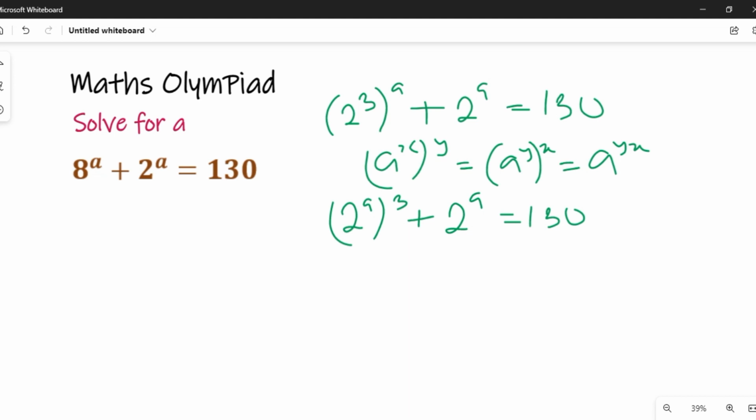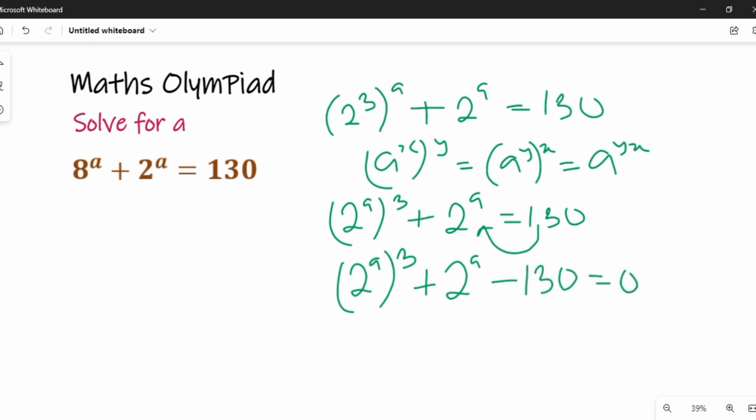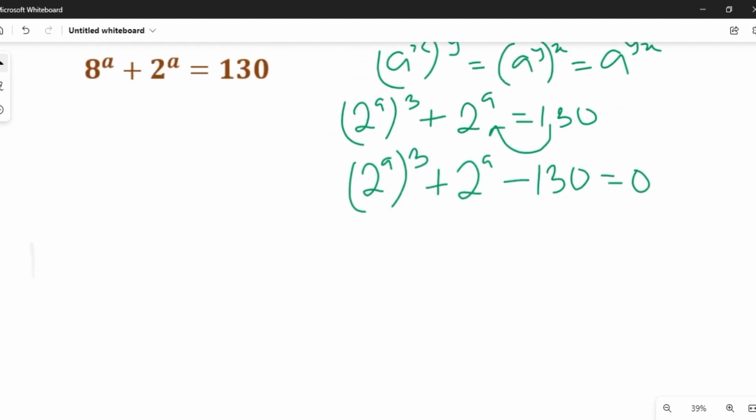Having seen that, we are going to simplify further by bringing this constant value to the left hand side. So we'll have (2^a)^3 plus 2^a minus 130 equal to 0.